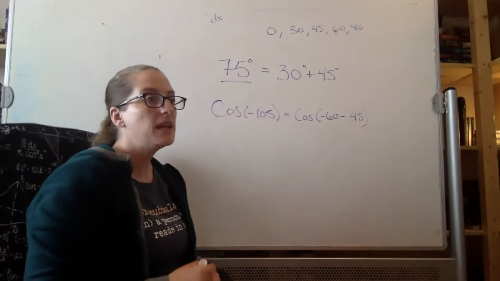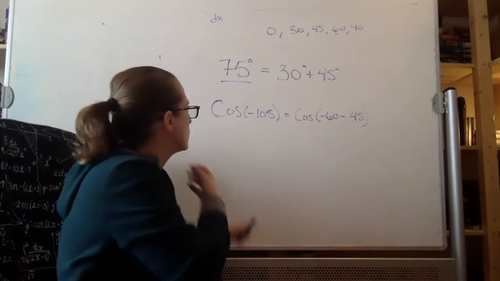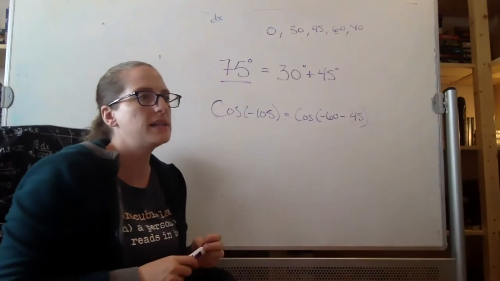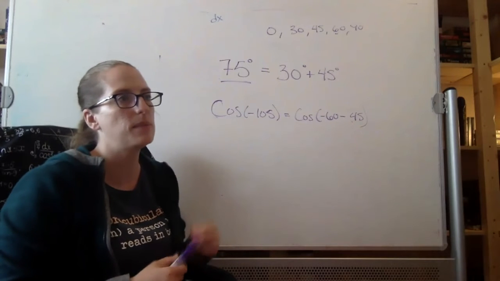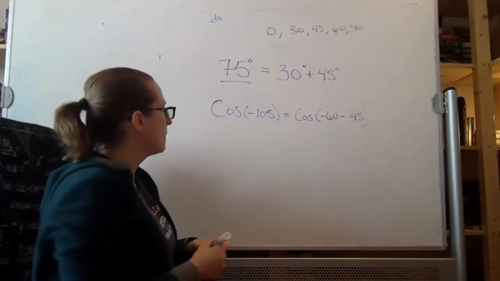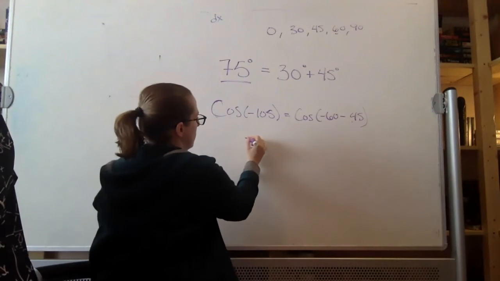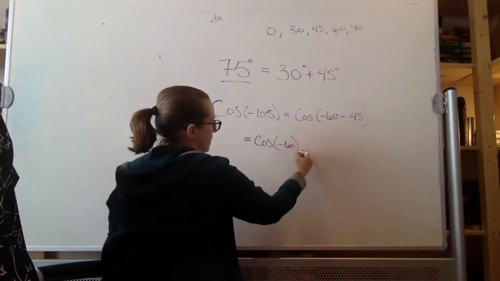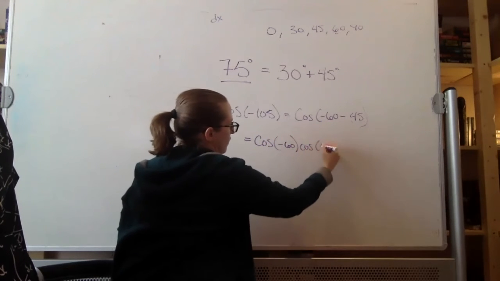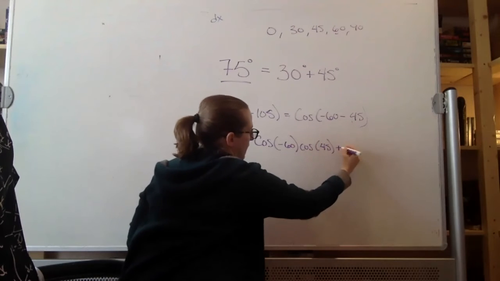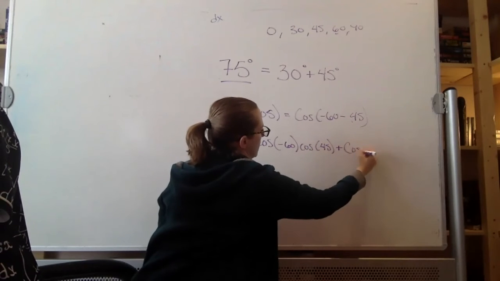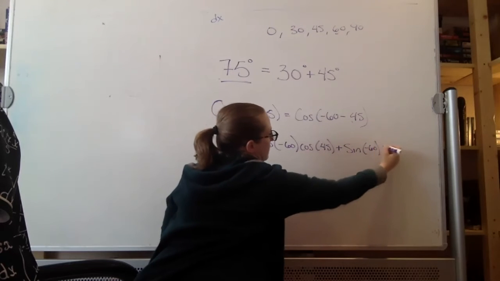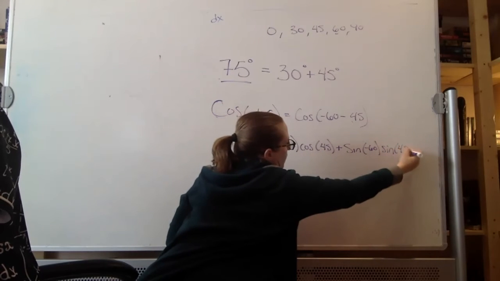So that means we're going to use our cosine sum difference equation. That is the subtraction version. So cosine of A minus B equals cosine of A, cosine of B plus sine of A, sine of B. So what is this going to look like? Well, we'll have cosine of our first term, negative 60, times cosine of 45 plus sine of negative 60 sine of 45.